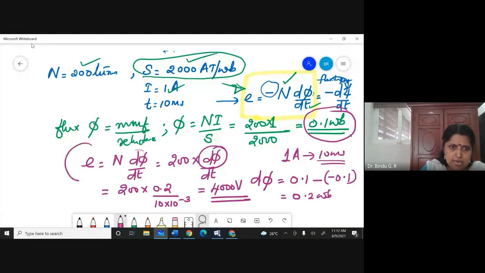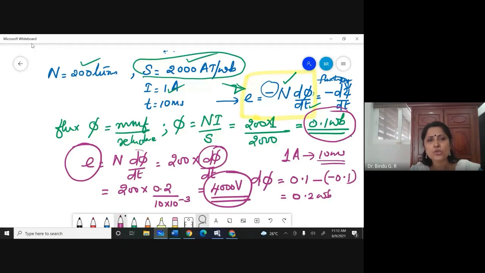This is the EMF induced when a current of 1 ampere flowing through a coil of 200 turns is reversed in 10 milliseconds. The induced EMF will be 4000 volts.